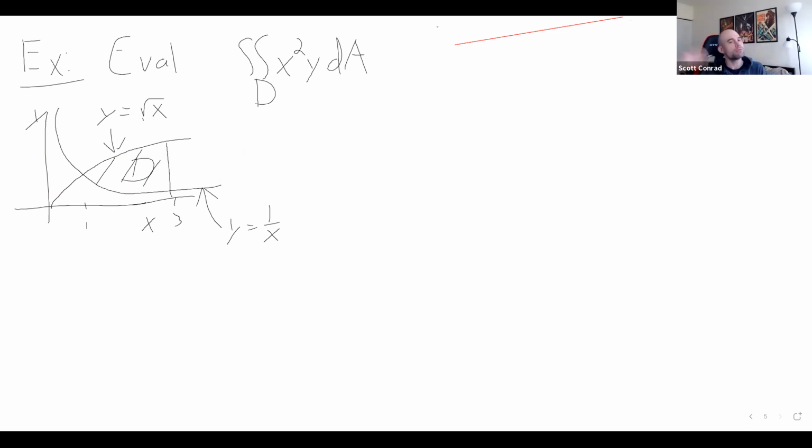We'll see you can be both horizontally and vertically simple, but in this case, it's vertically simple. So the vertical variable y is going to be bounded by functions of x. So y is bounded below by 1 over x and above by square root x. And then x goes from 1 to 3.